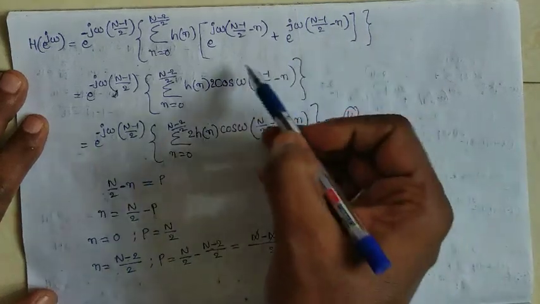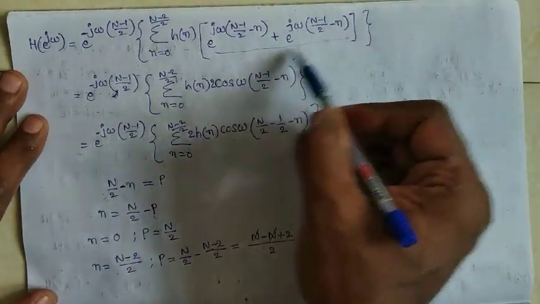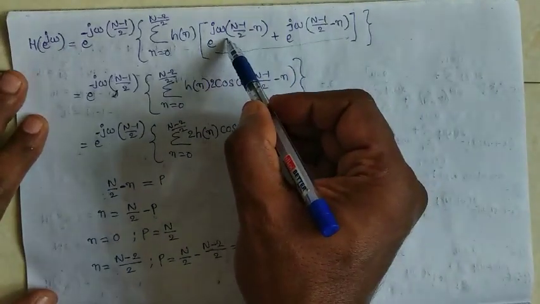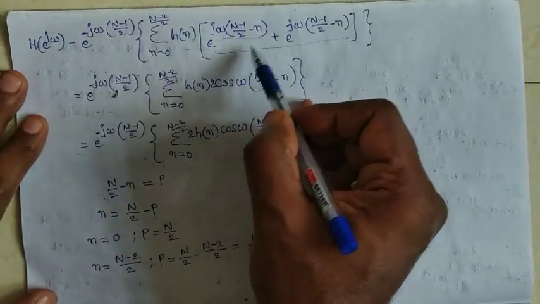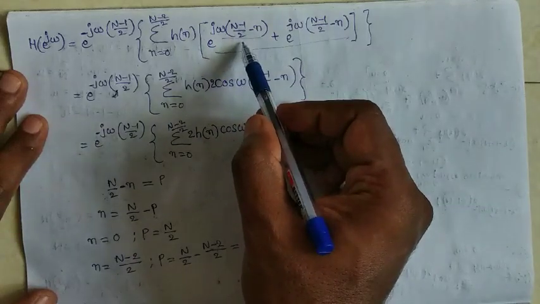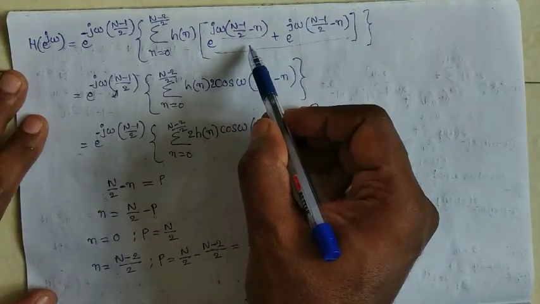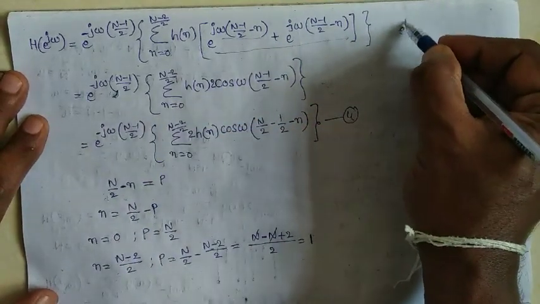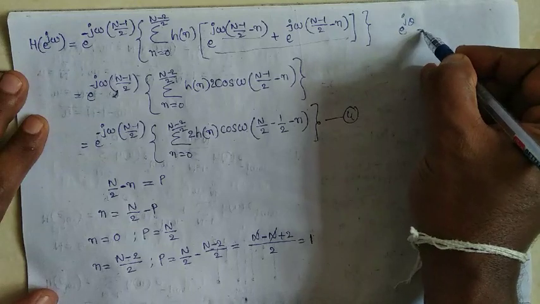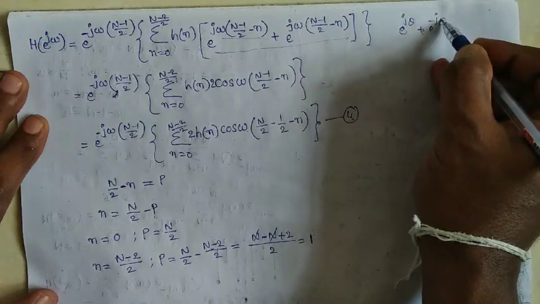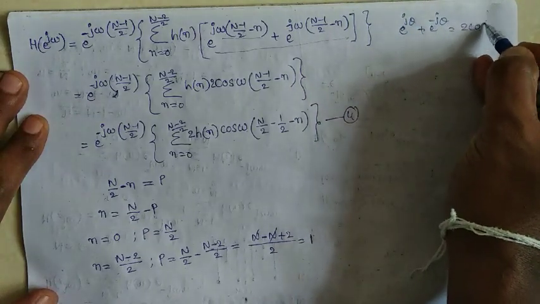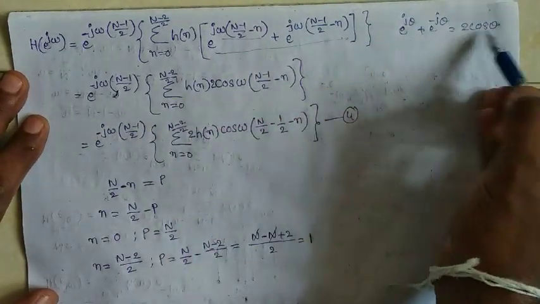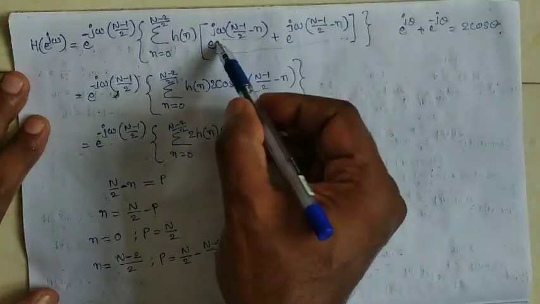Here this one is of the form e power j theta plus e power minus j theta. The theta value is omega of capital N minus 1 by 2 minus n. Here e power j theta plus e power minus j theta is equal to 2 cos theta. Here we are replacing it by 2 cos theta.